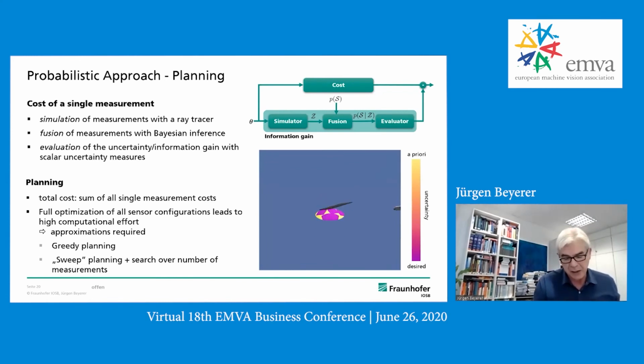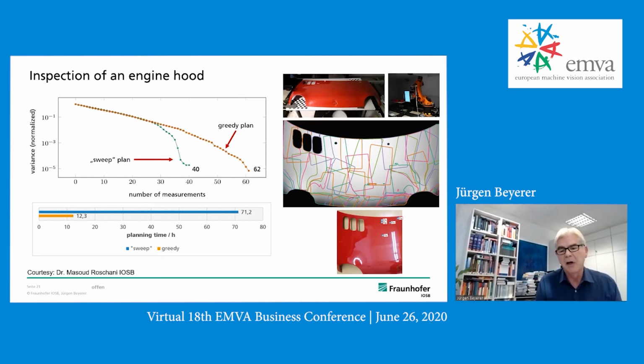And at the end we get plans which are clearly superior compared with the plans that a human being could achieve in the lab, even if he works many weeks on a complete inspection plan. The human performance is outperformed far and away, and you see the plans here on the right side on the hood of a car, based on a robot-based deflectometric inspection.